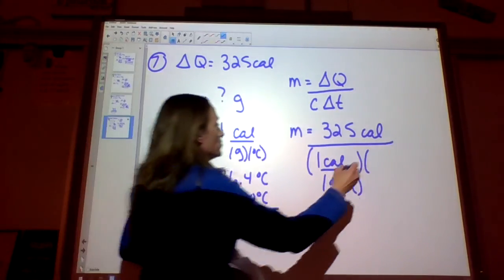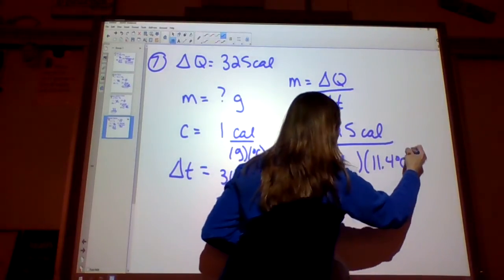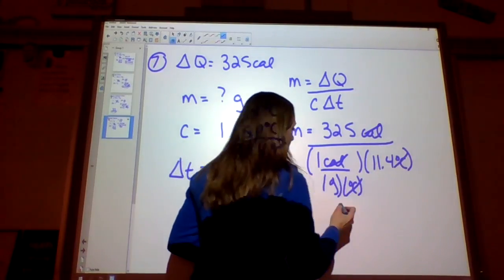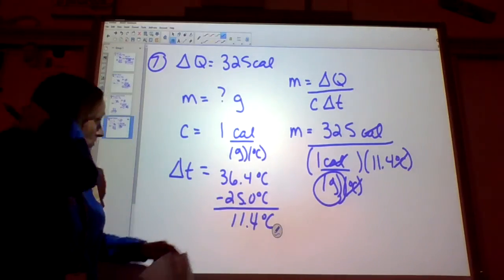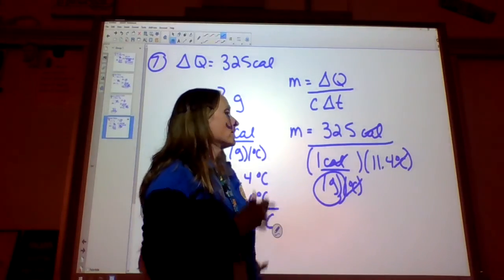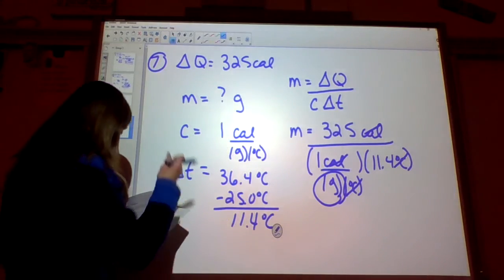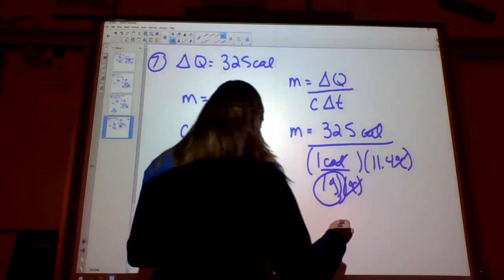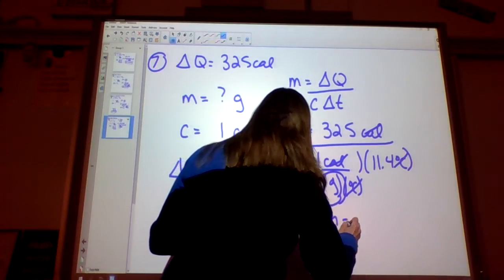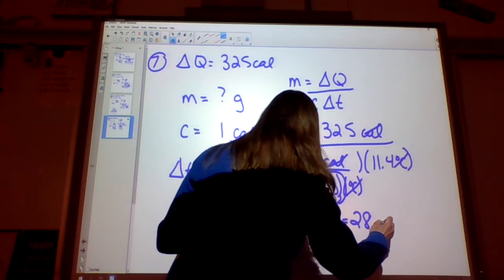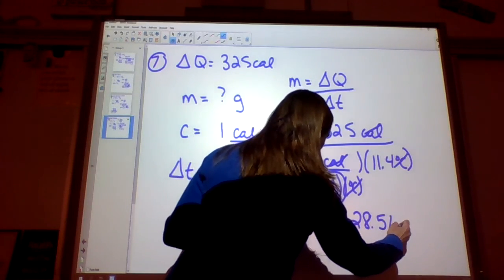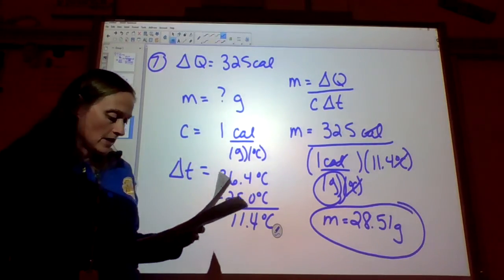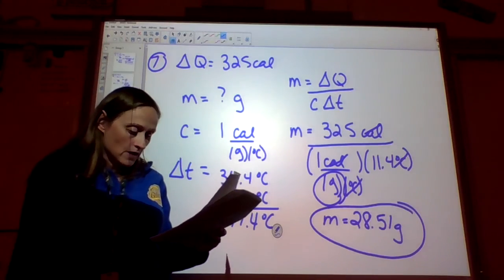And our change in 11.4. So this time your cals, they cancel, degrees Celsius cancels, and you're left with grams. So 1 times 11.4 is 11.4. So 325 calories divided by 11.4, and you get the mass of 28.51 grams.